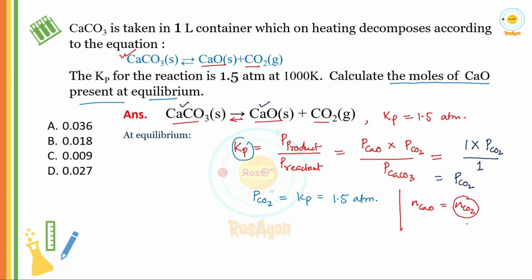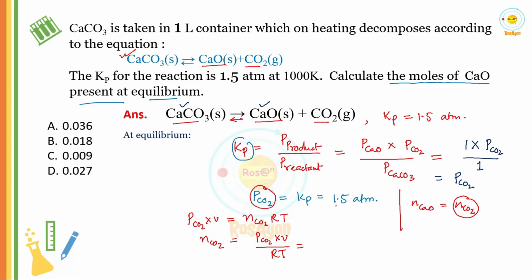Now how will the number of moles of CO2 be determined? Here you have to apply the ideal gas equation, that is PV equals nRT, for the CO2 gas. So we can say P of CO2 into V equals n of CO2 into RT. Now n of CO2 equals P of CO2 into V divided by RT. Now put the values.